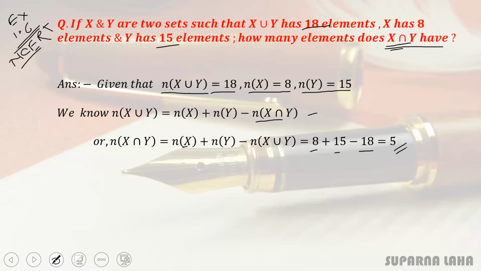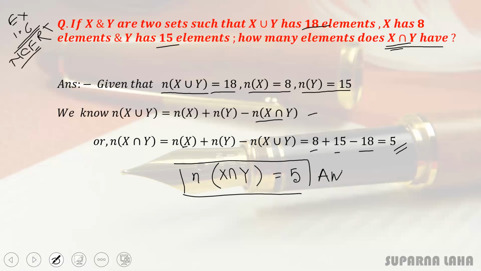So the answer is 5. So the number of elements in x intersection y is 5. So this is the answer. These problems are very easy. Just you need to understand the language and check what is given and what you have to find.